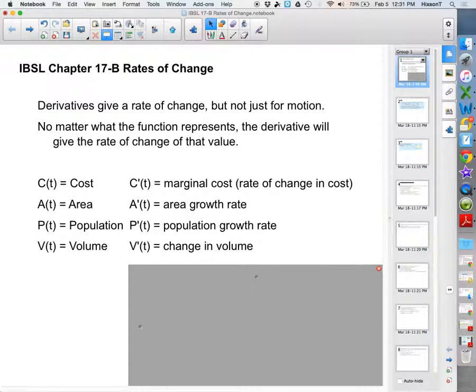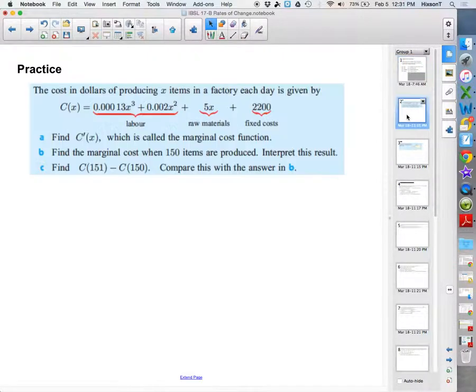So there's a couple of things there, and I wanted to run through a couple examples here. One, looking at marginal cost, and seeing what types of questions we could ask, how those would be phrased mathematically, and what strategies we would use mathematically to figure that out, okay? So here's a case where we're producing x, which is the number of items in this factory, and the cost is given by this equation.